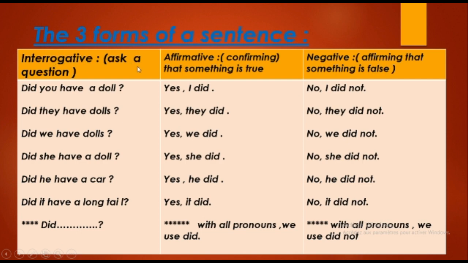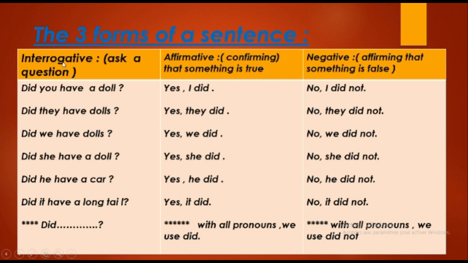Interrogative means when we ask a question. Affirmative means we are confirming that something is true by saying yes. And negative means when we are affirming that something is false by saying no.